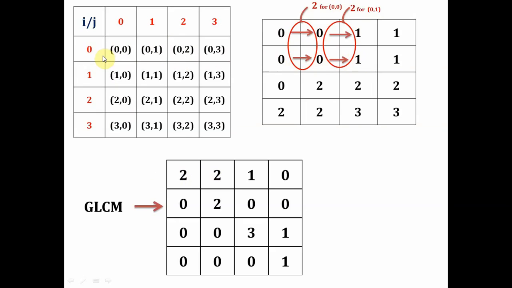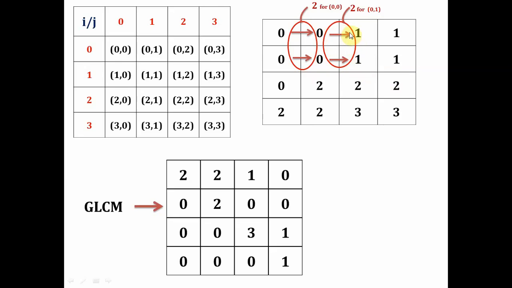Now 0 2: will you be able to find it? Yes, once. 0 is i, 2 is j. So you write 1. Now 0 3, do you have any 0 3 combination? No, so write 0.